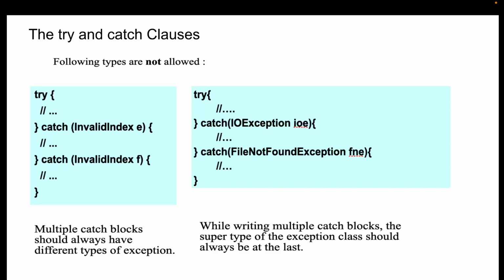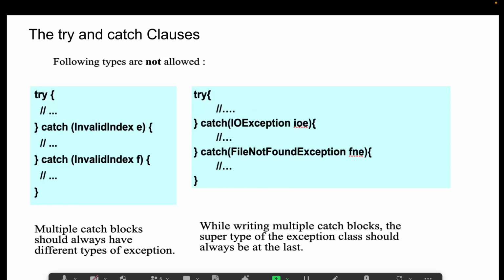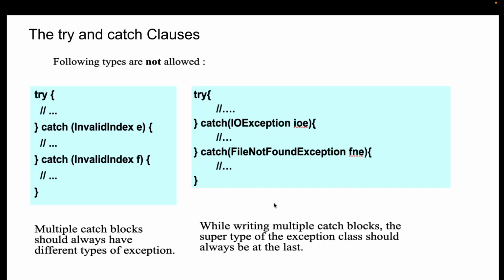Understood this? The child class exception blocks must be written first and then followed by the parent class exception. If there's anything you want to ask about this, you can ask, or otherwise we'll proceed with the next slide.